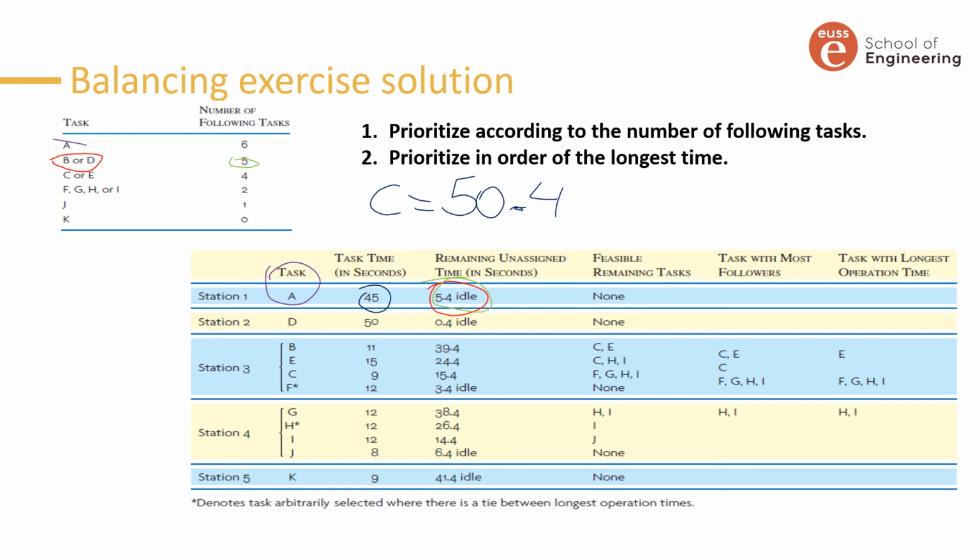Let's go back to the list of the tasks. The next task based on the rules will be task D, as we discussed before. So if I assign task D with a time of 50 seconds, okay, the idle time will remain 0.4.